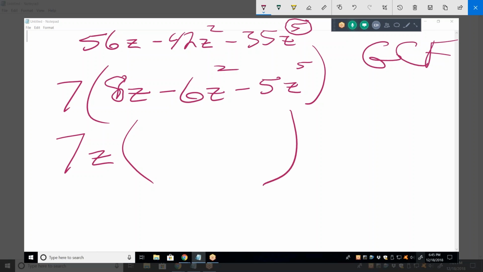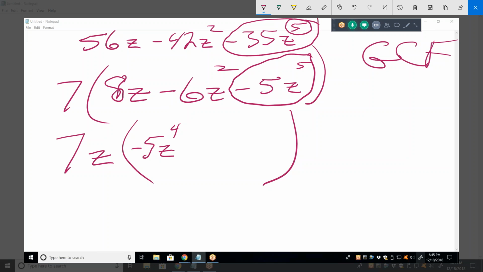This time put it in order of the degree. So put this term first. No. First of all, there's still a 5. And if I have taken a z out, then it's no longer to the 5th, it's to the 4th. Right? 7z times minus 5z to the 4th is what we started with, minus 35z to the 5th.